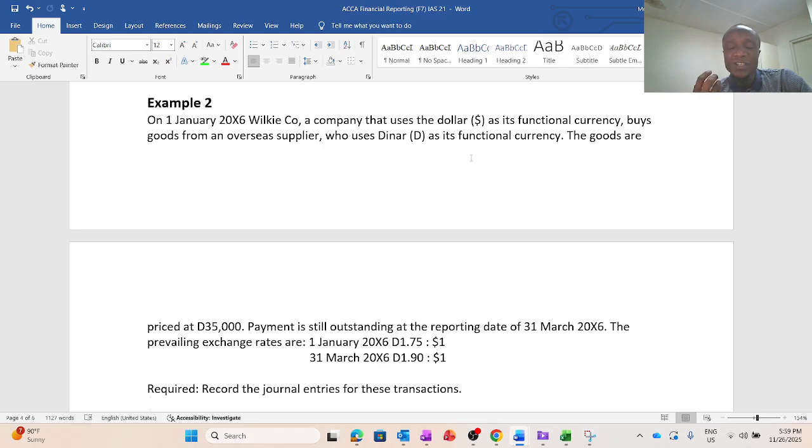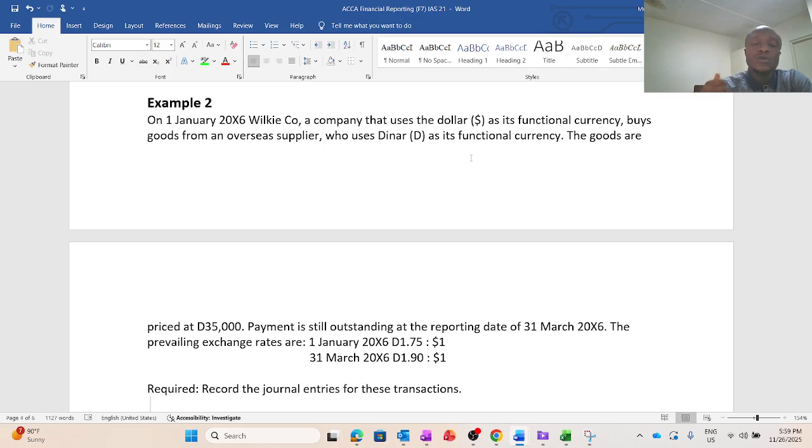So now this is a foreign exchange transaction because the functional currency of the company, WCO, is not the same as the functional currency of the supplier, which is dirham. So we need to account for the possible effect of the changes in the foreign exchange rate. The goods are priced at 35,000 dirham.